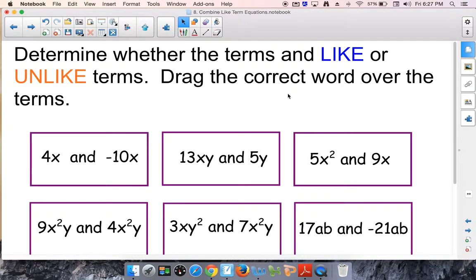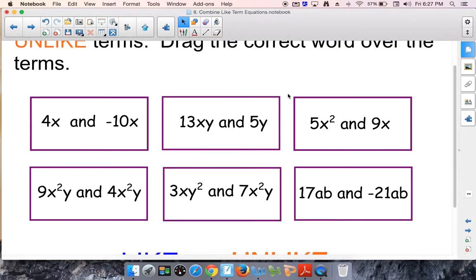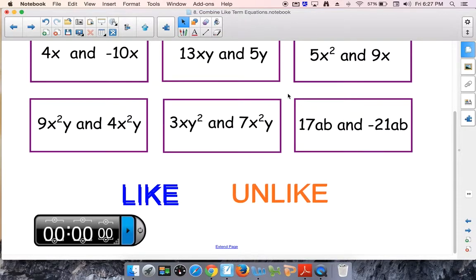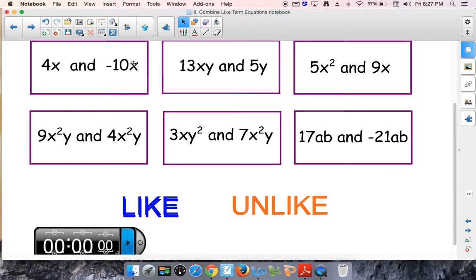So let's look at these, just some ideas. We're going to look at which ones are alike and which ones are unlike terms. So if you look at 4x minus 10, many people want to think that's unlike because there's a negative in front of this. But actually, that is a like term because the variable x is the same.